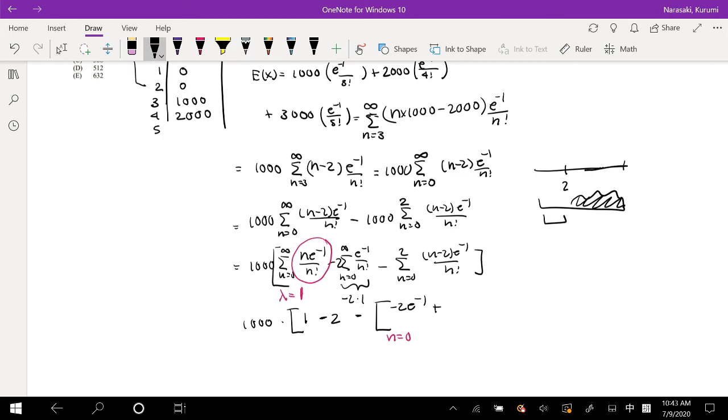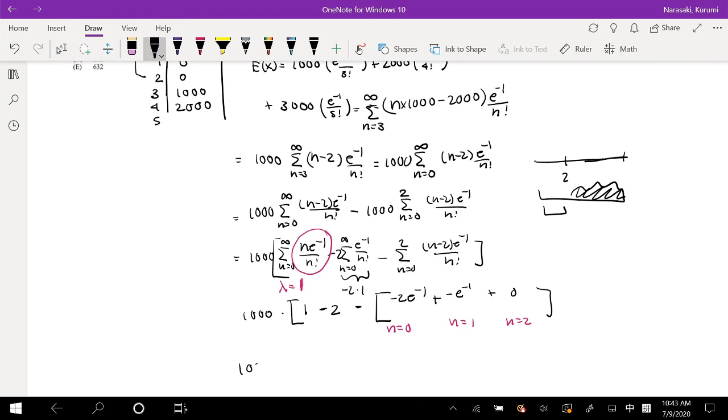Plus, for example, let's say n is equal to 1, then we get 1 minus 2, which is negative 1, e to the negative 1 over 1 factorial, which is just 1. If n is equal to 2, well, 2 minus 2 is just 0, so 0 times anything is just 0, so that's what we get.